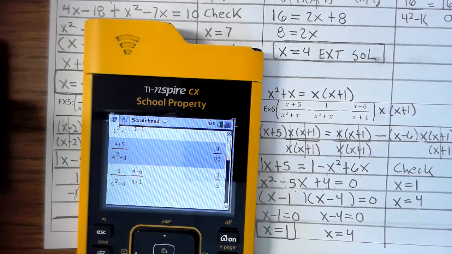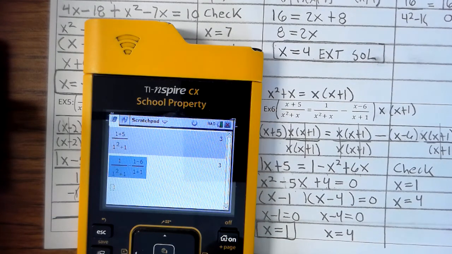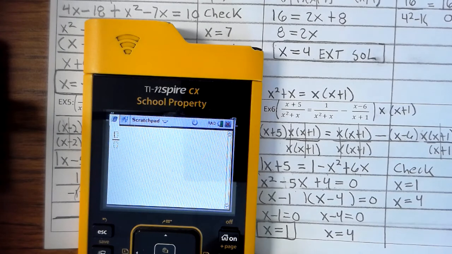it doesn't check. And when it doesn't, one of the things you might do just to be safe is you might think, well, maybe I made a mistake. So maybe highlighting and entering didn't work. So what I would recommend doing is go back and just actually type it in. So control divide 4 plus 5 divided by 4 squared plus 4.